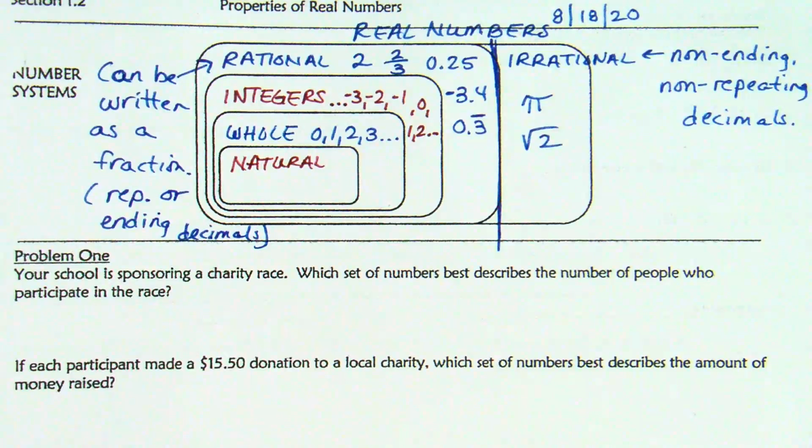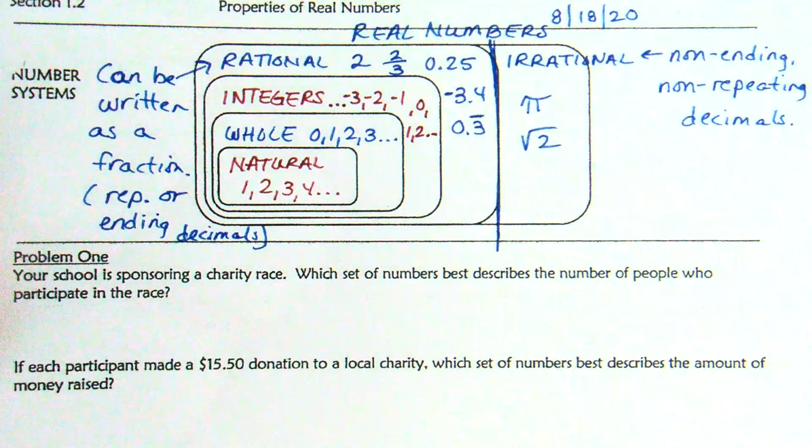Natural numbers, if you have any little kids around you, when they start counting, what do they start counting at? 1, right? They don't start counting at 0. We don't even start counting at 0 normally. You start counting at 1. And so these are often referred to as the counting numbers. But it's just 1, 2, 3, 4, so on and so forth. Must be positive, must be whole, and does not include 0.